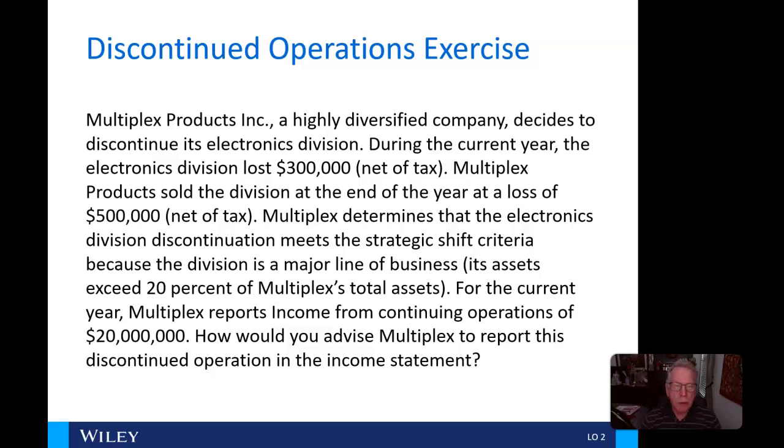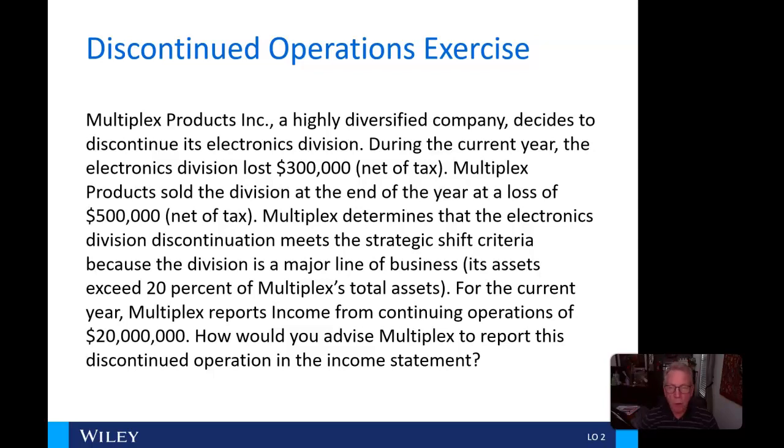Multiplex determines that the electronic division's discontinuation meets the strategic shift criteria because the division is a major line of business. Its assets exceed 20% of Multiplex's total assets.